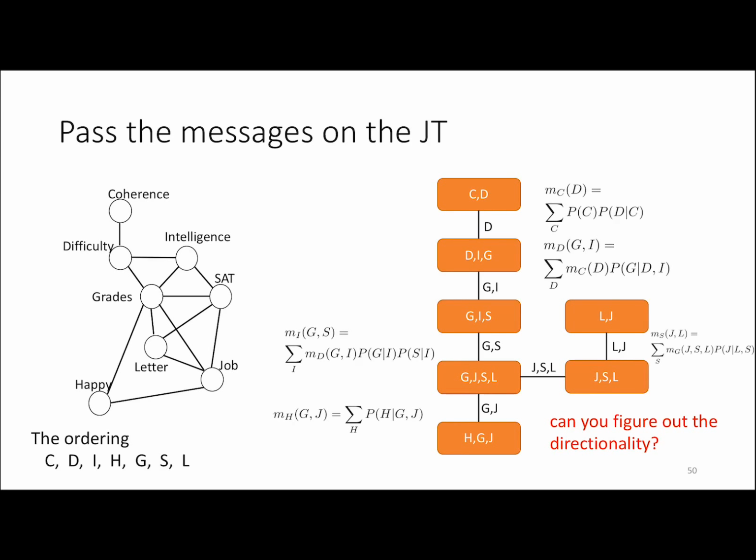Here, when we're removing C and D, we get rid of C, right? So we can view it as this message: C is removed and the message is sent here. In the next step, when we're removing this clique and getting rid of D, we're summing over D.